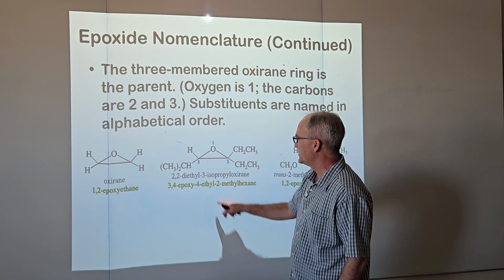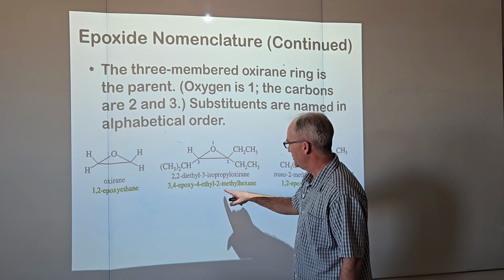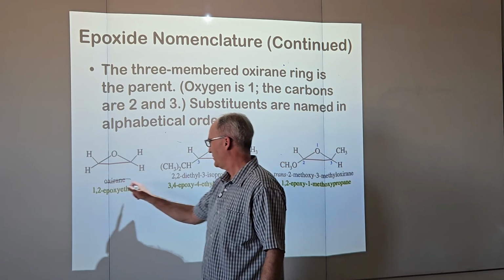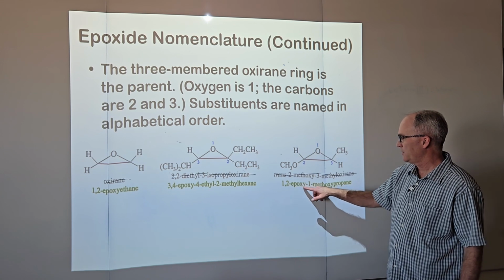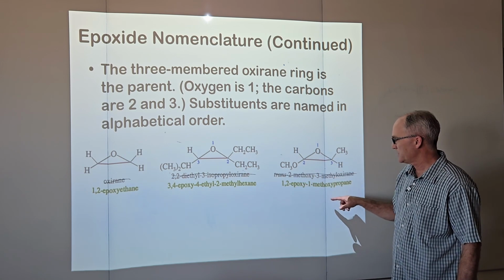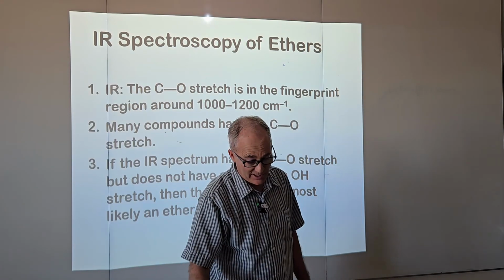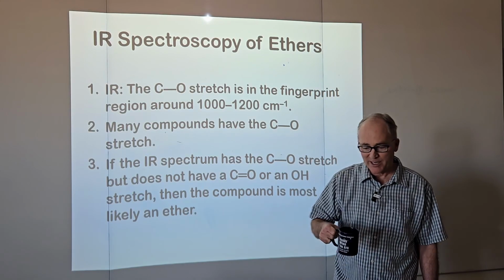So this becomes 3,4-epoxy, 4-ethyl, 2-methyl-hexane. We're not going to bother with these. The straightforward way is to give the number and the epoxy where the three-membered ring is and follow the rest of your IUPAC rules. So spectroscopy is like stereochemistry. It just keeps coming back and coming back.